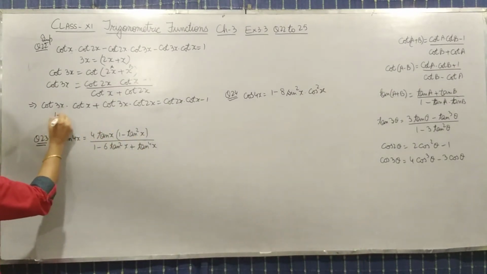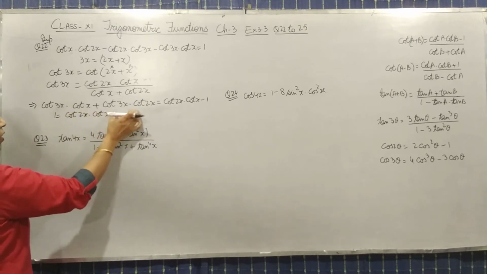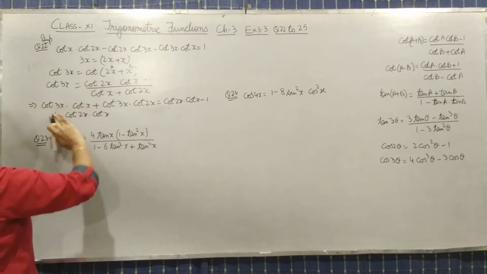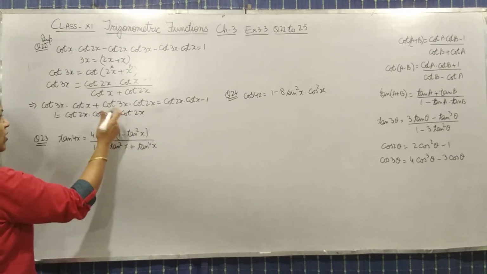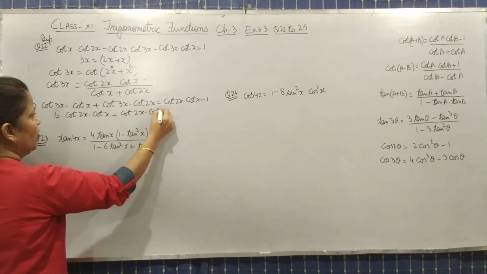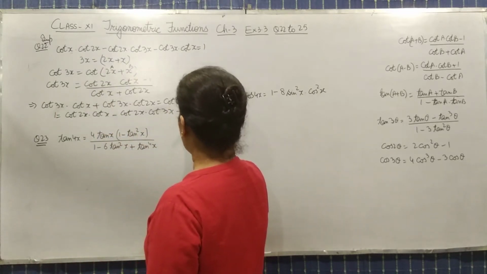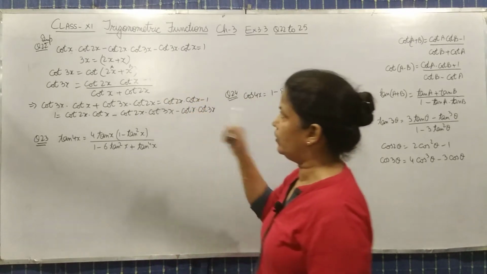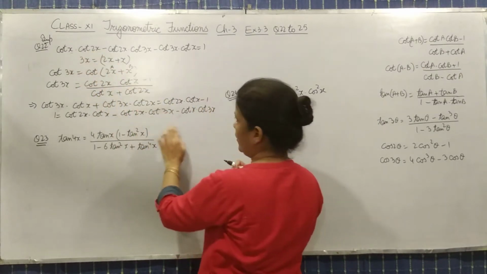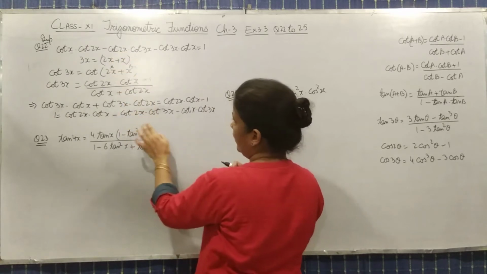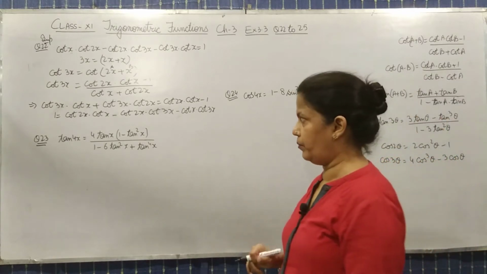So 1 equals cot 2x cot x, minus cot 2x cot 3x, and minus cot x cot 3x. This is the same result we need. Is it clear? This question is very important.